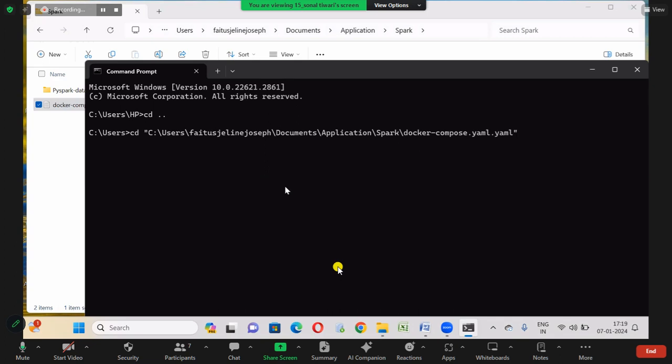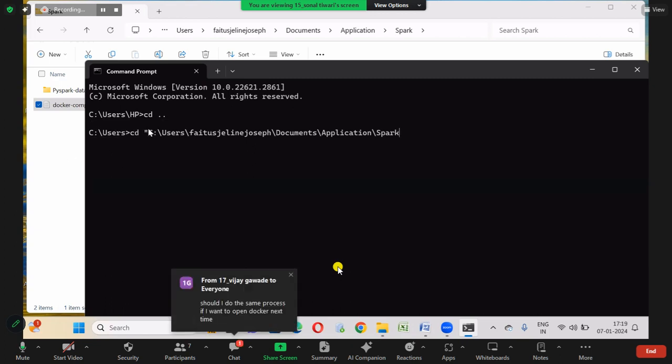Remove that YAML file. Docker dash compose. Yeah, we can remove that. You have to give double quotes, close with double. At the Spark, you close it with double quotes.